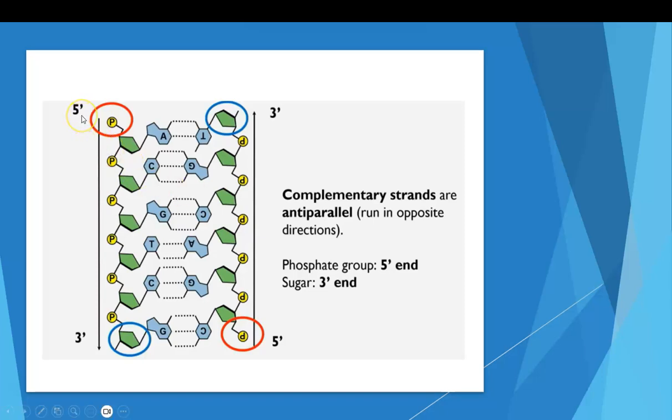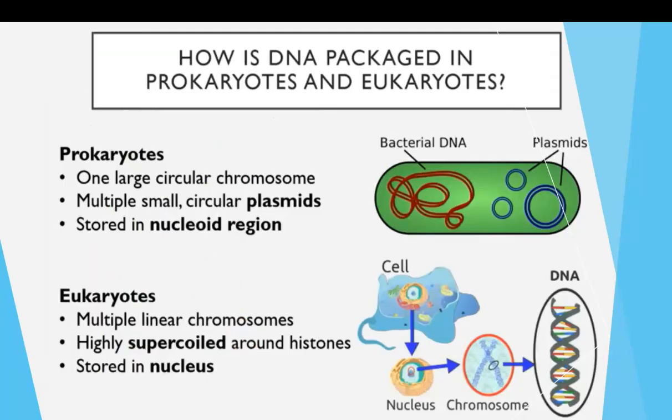One strand is from 5 prime to 3 prime, the other strand is from 3 prime to 5 prime, and the phosphate group is at the 5 prime end, and the sugar group is at the 3 prime end. So now you know more about the DNA structure.